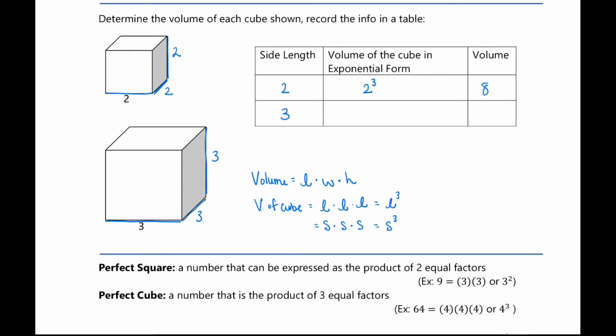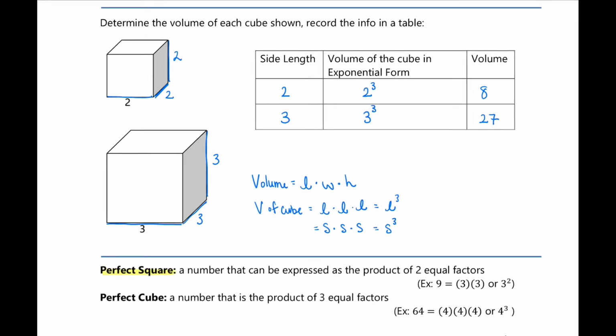For the last row here, side length of 3, the volume of a cube is 3 cubed, and this is equal to 27. The new term, a perfect square, is a number that can be expressed as a product of two equal factors. Product means multiplying, okay? So, for example, 9 is a perfect square because we know that 3 times 3 is 9.